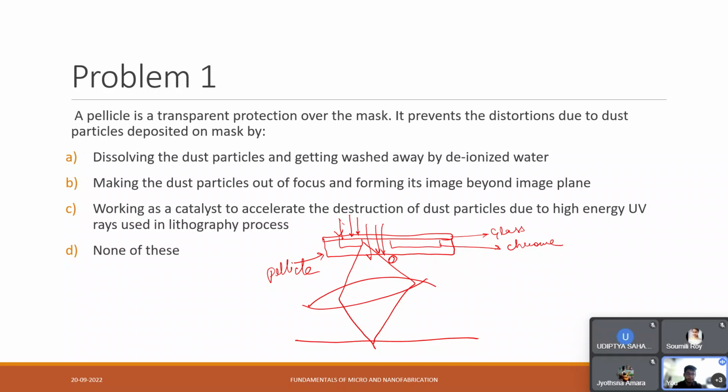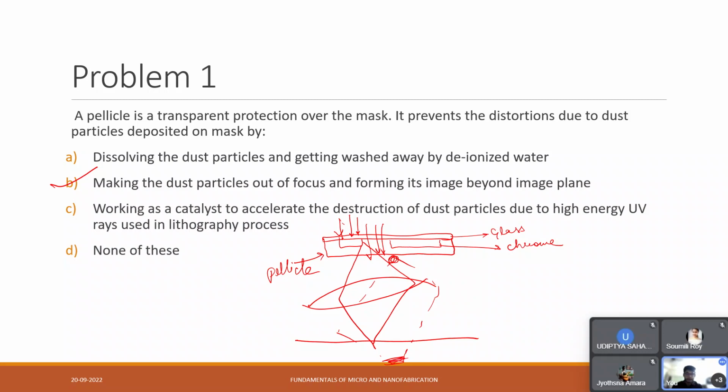So whatever is on the pellicle is not in focus on our photoresist. Due to the dust, there is no major contribution that can affect the pattern transfer onto the photoresist. So that is the B option: making dust particles out of focus and forming their image beyond the image plane.